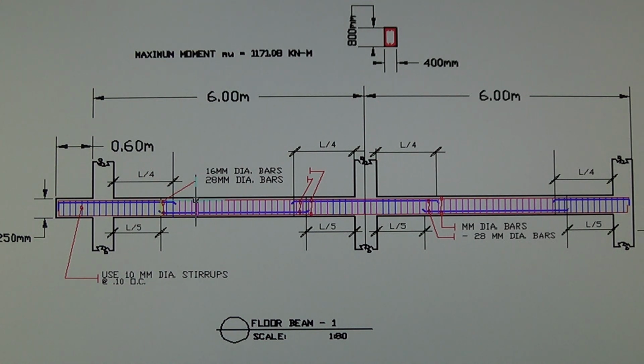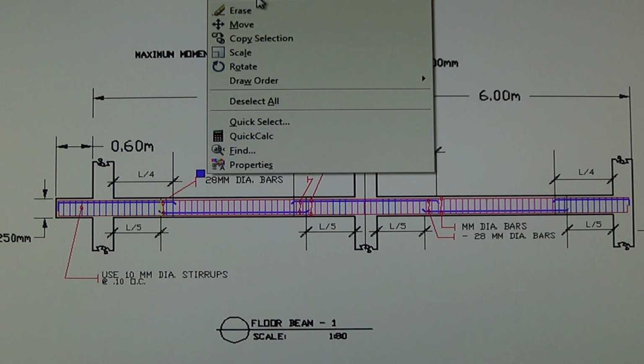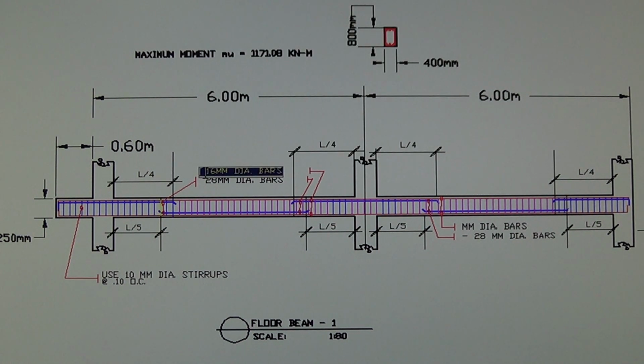This bar is 16 millimeter in diameter, and I installed 3 bars in there. 3 16 millimeter diameter bars, at the top and the bottom, for the stirrups.